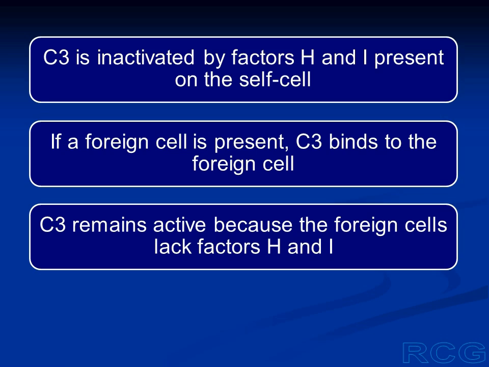So all the self cells have factor H and factor I, and they inactivate C3 bound to the self cell, so the further pathway will not occur. But if a foreign cell is present and active C3 binds to the foreign cell, it does not have factor H and factor I. So this foreign cell will not be able to inactivate C3, so C3 will remain active. So when C3 binds to a self cell, it is inactivated. When it binds to a foreign cell, like a bacterial cell, it remains active.